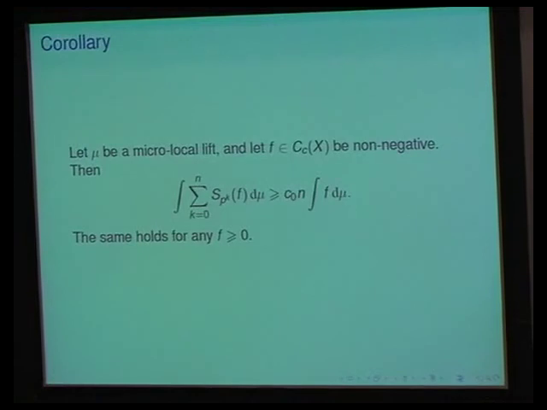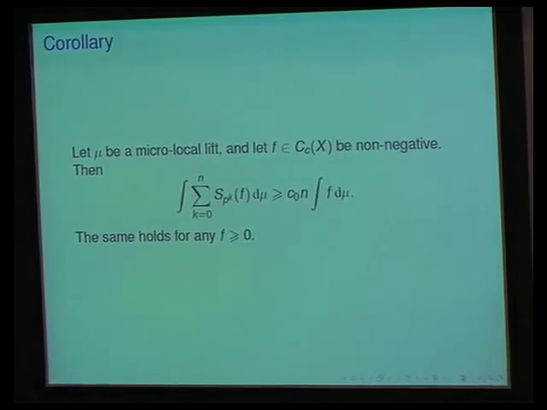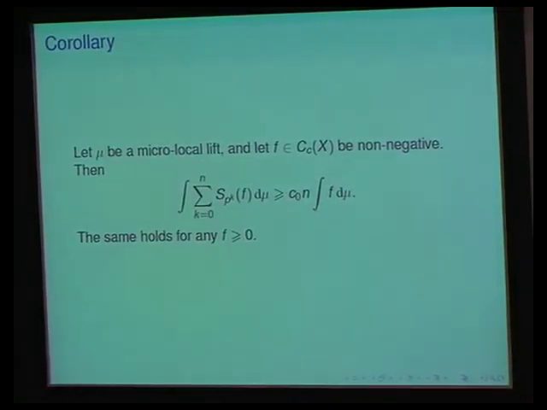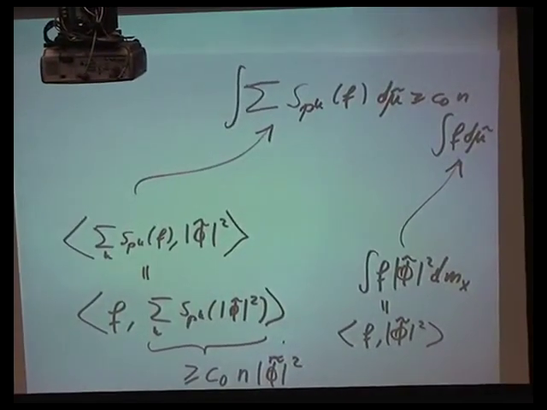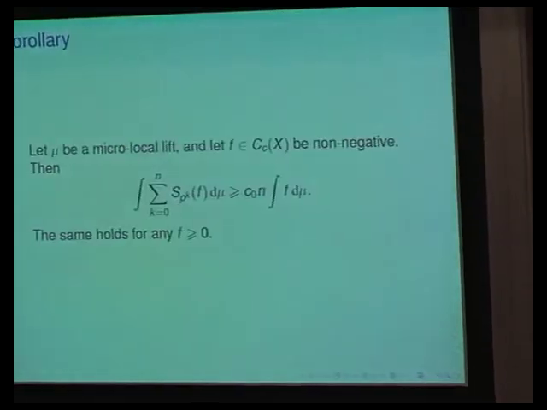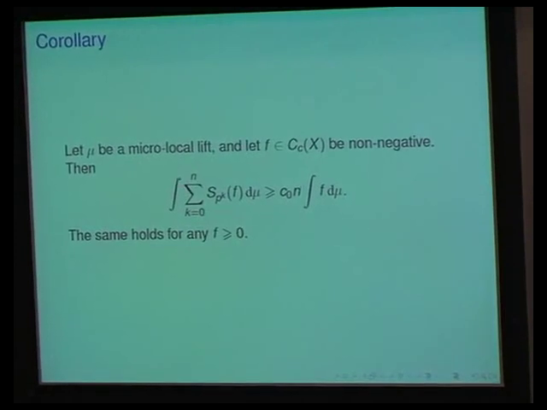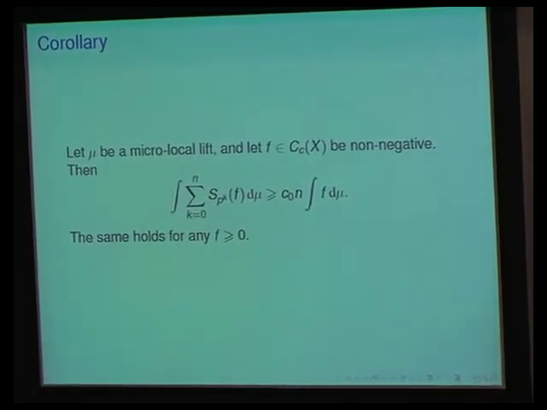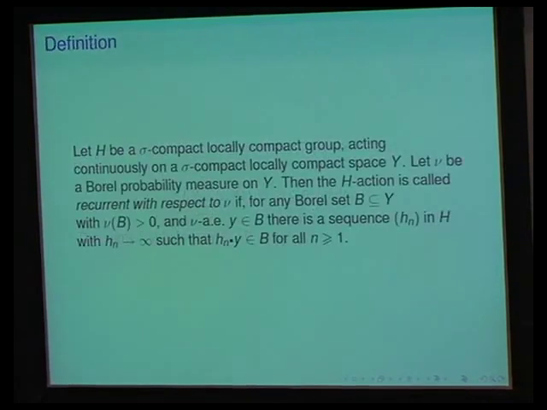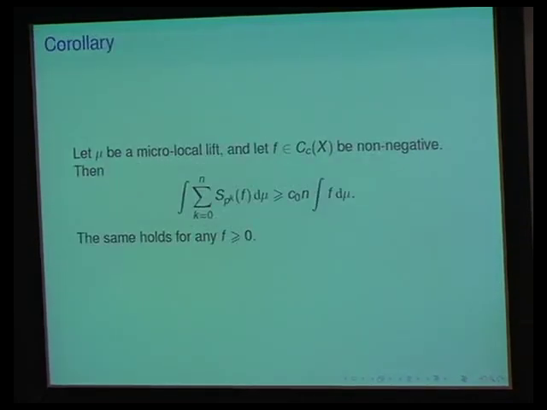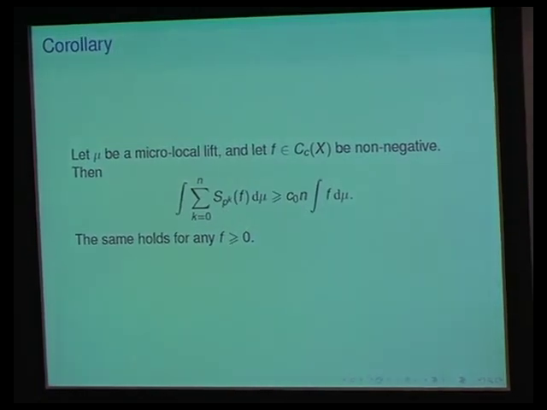So when I have an inequality for this thing and my f is non-negative, I get precisely this inequality that I wanted. So this is the important thing, so that we can get this corollary which tells you something about the microlocal lift. And yeah, this will tell you the recurrence that we haven't defined.